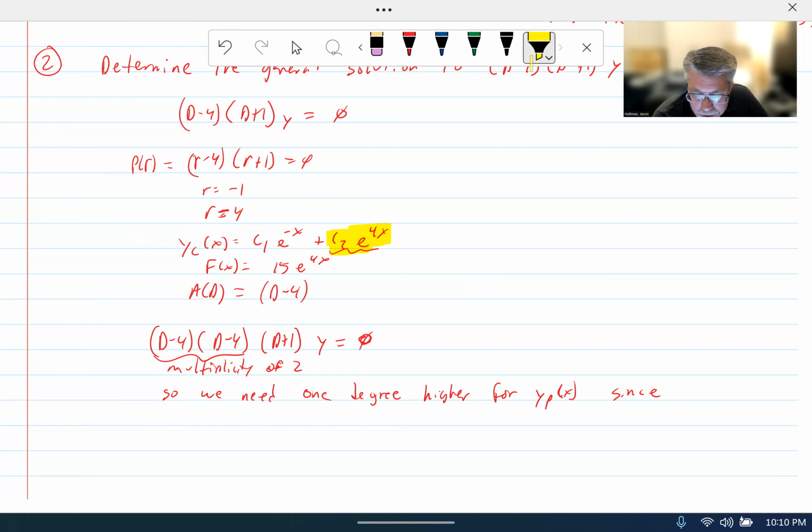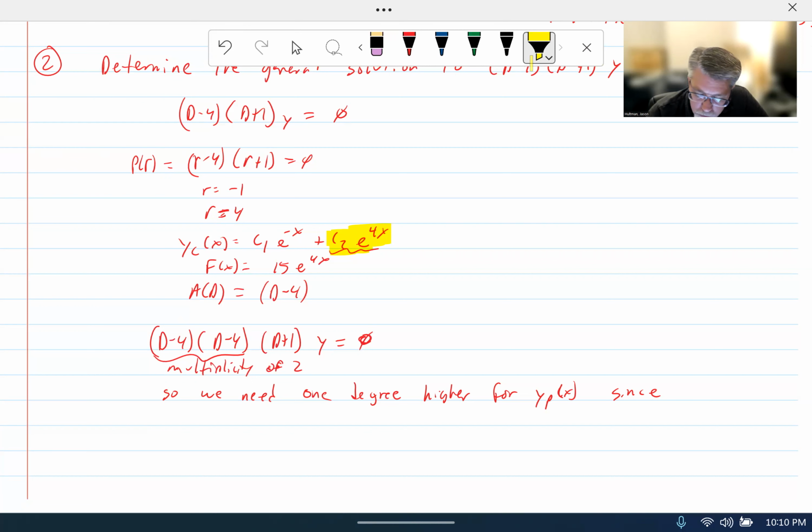So if I did another e^(4x) with just a constant in the front, those constants would add together, and I wouldn't have covered the fact that I could have had an x e^(4x).